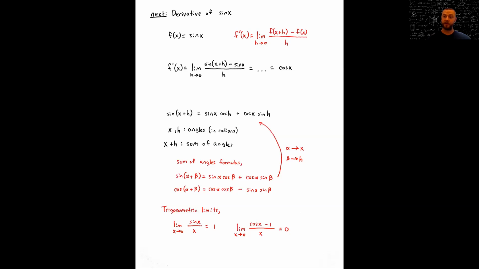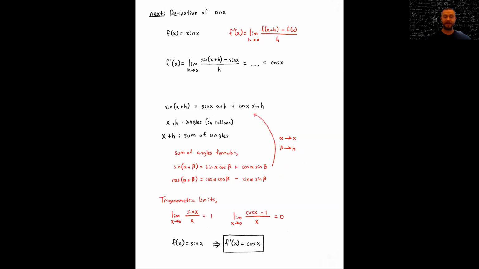The end result, the derivative of sine, is cosine. And this result, as we mentioned, is only valid if x is in radians. If x is in degrees, this is no longer true. So we'll be sticking to radians to say that the derivative of sine is cosine.